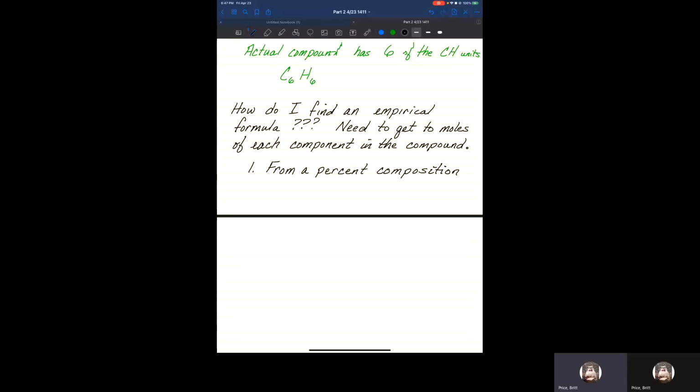A percent composition is, well, it's exactly that. It's a composition by percent. It doesn't help much. So percent composition by mass.